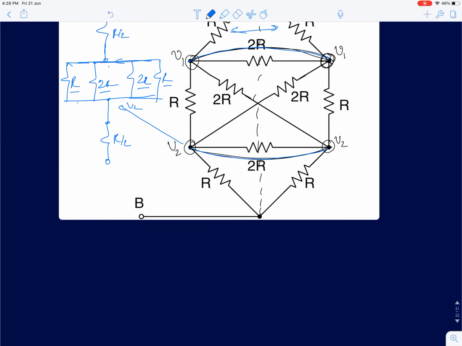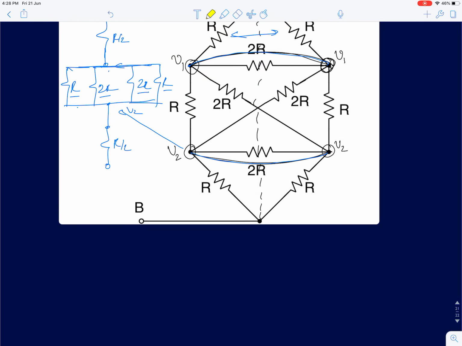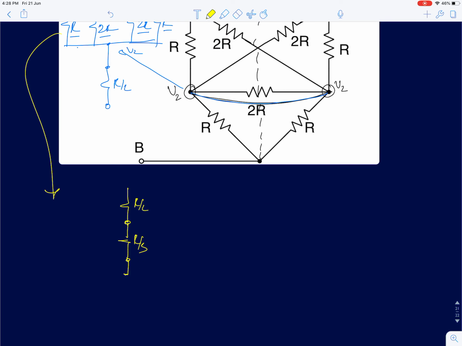So the overall resistance of this circuit reduces to R by 2, R by 3 and R by 2. So the net resistance is 4R by 3. Again, we didn't use any KCLs and KVLs, we just used the arguments of symmetry to solve this problem.